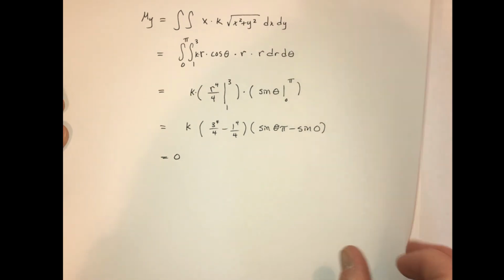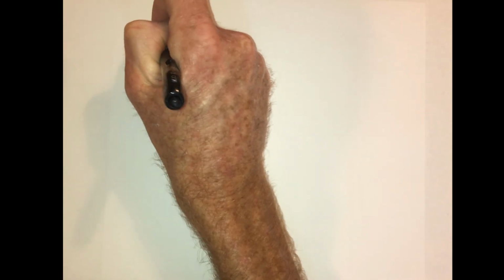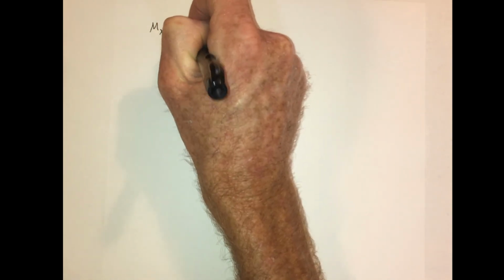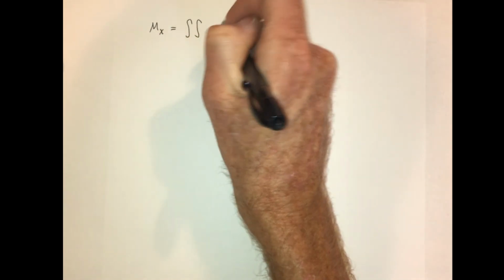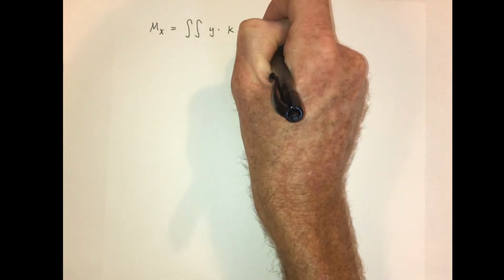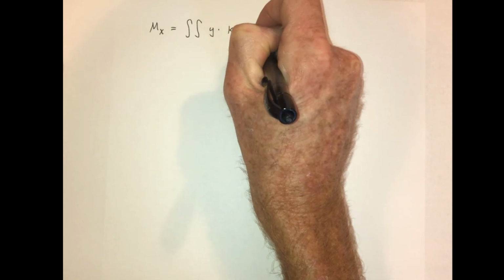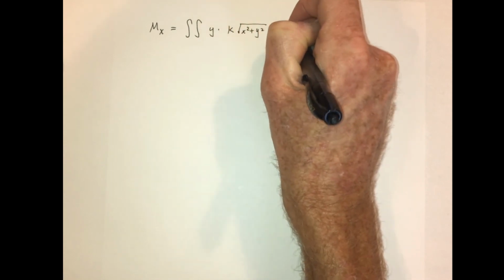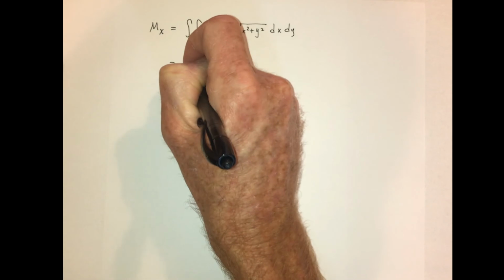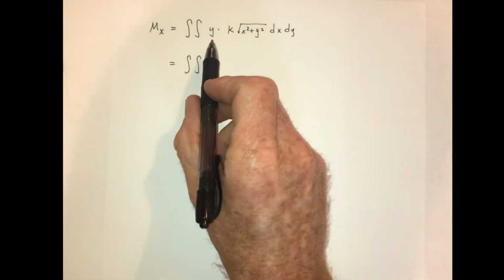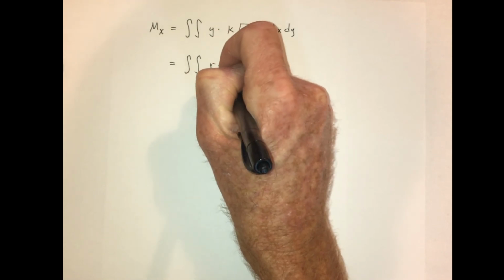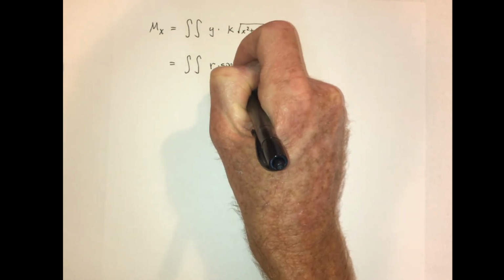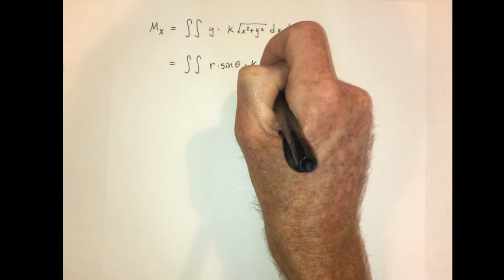All right, then one more integral. So for mx, it is the double integral of the same thing, but when this is x, it has an extra y in it. And then we'll change to polar. So in polar form, y is equal to r times sine of theta. And then don't forget the k.